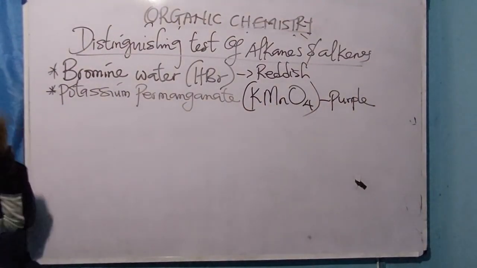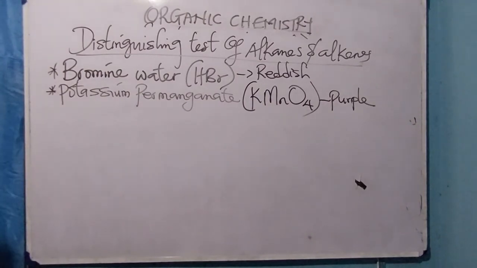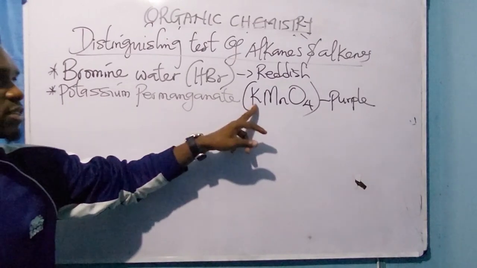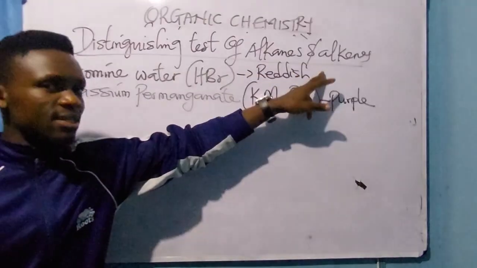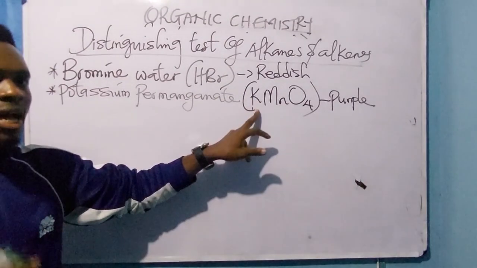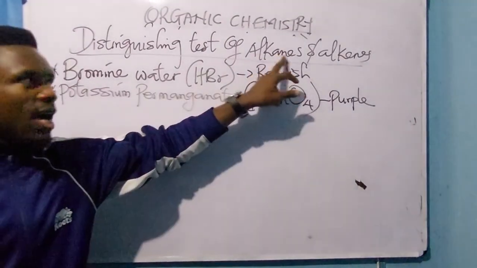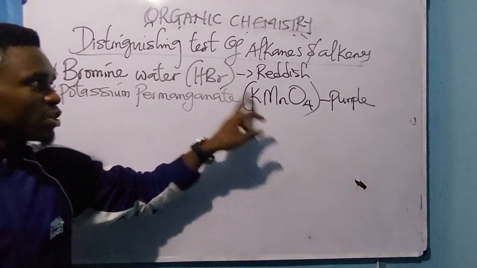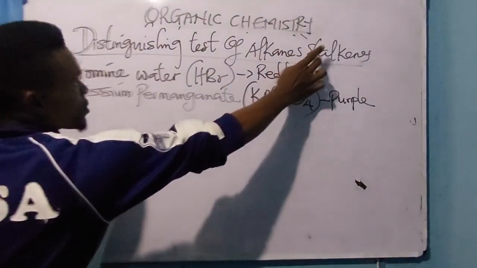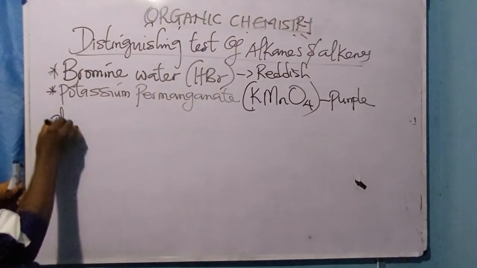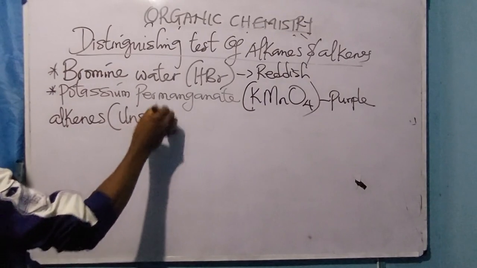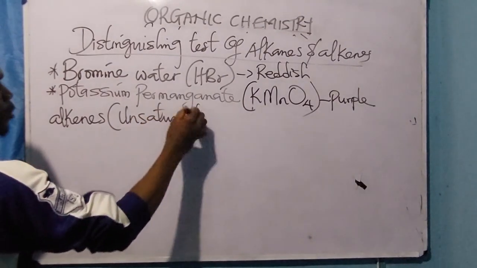Alright, so let's do this. If these two compounds are reacted with alkanes and alkenes, listen very well. If they decolorize, that is, if they change color, it indicates the presence of what? Alkenes. And of course, the alkenes are what? Unsaturated, due to the presence of what? Double bonds.